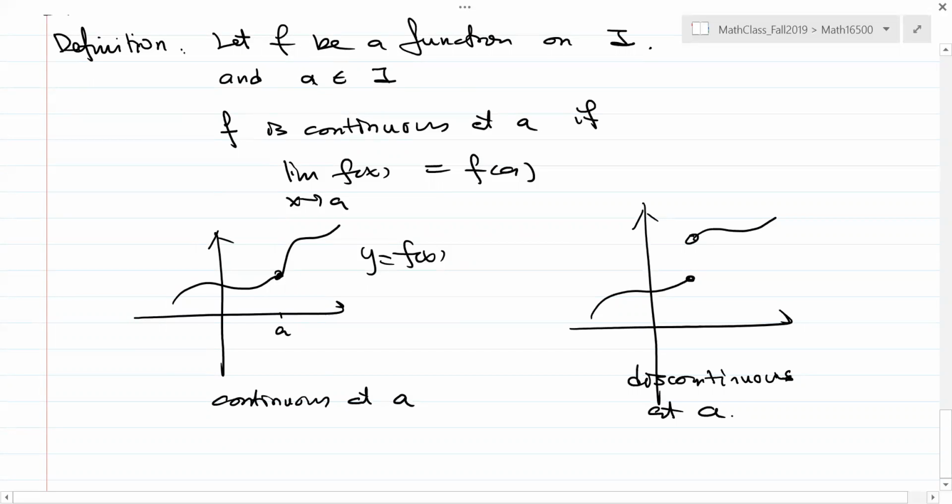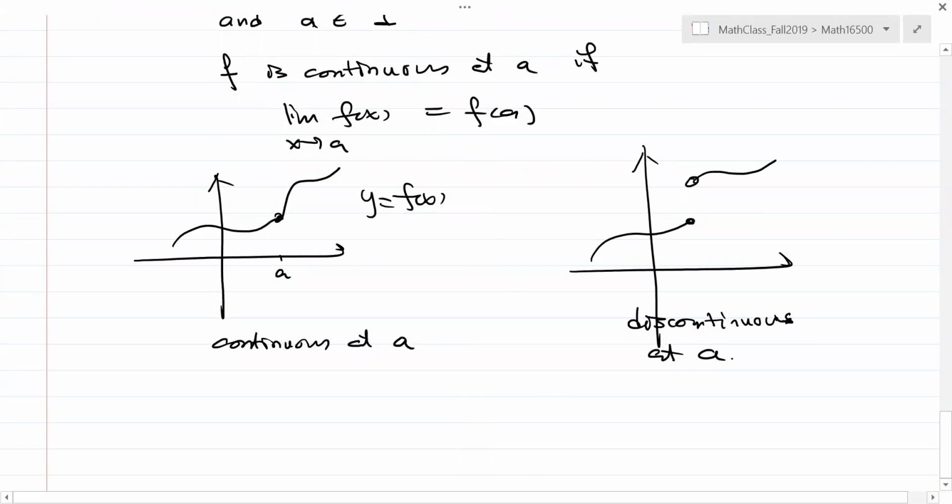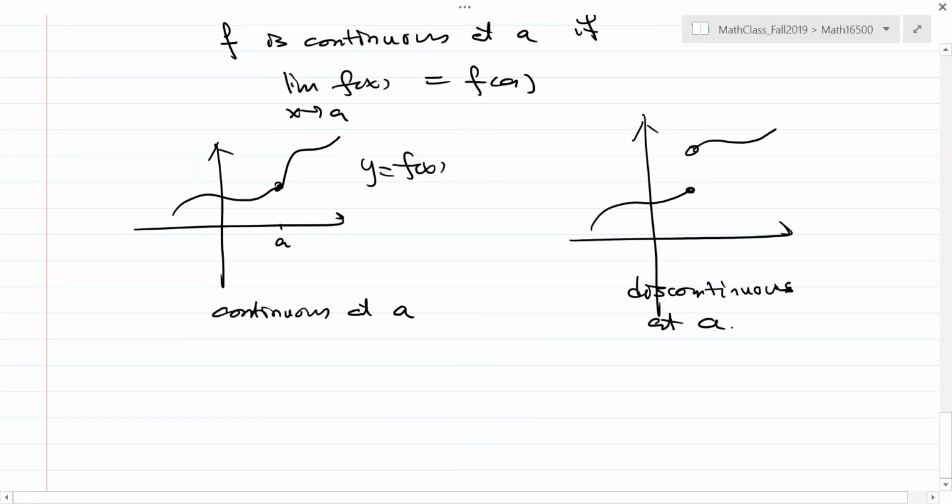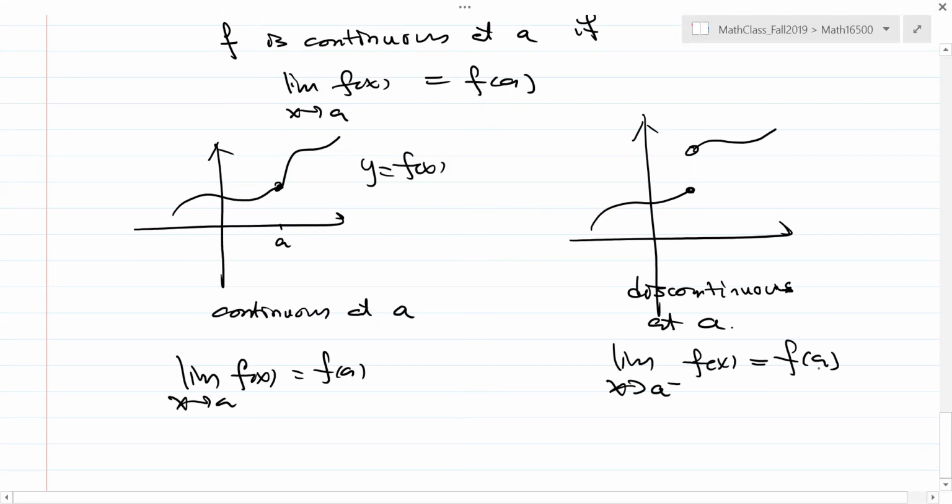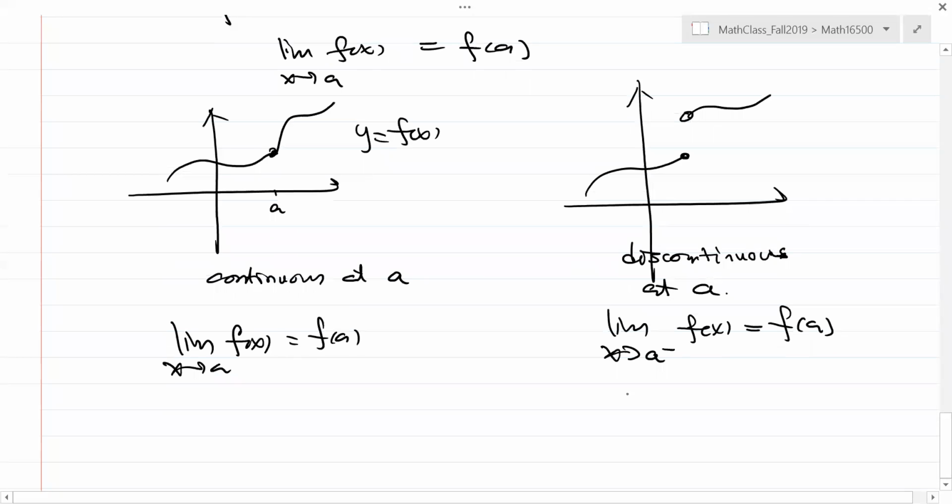Now, this picture shows you that the function has a left-hand limit, and it also equals the value of the function. And this picture shows that the limit as x approaches a of the function equals the value of the function, right? How about this one? This picture shows that the left-hand side limit exists and equals the value at a, but the right-hand side limit, it also exists, but it's not going to be the value at a, okay?